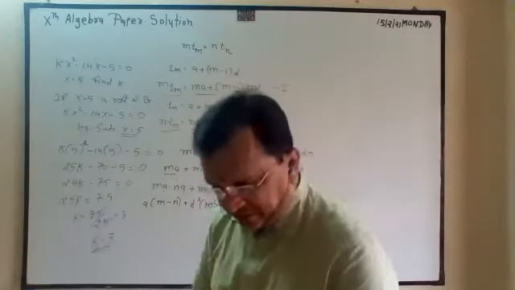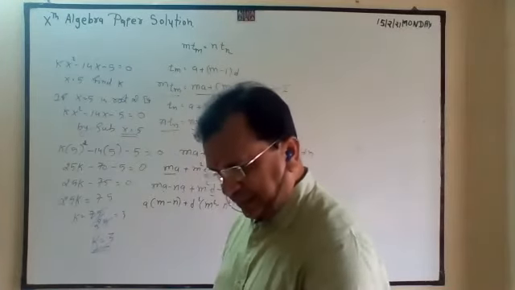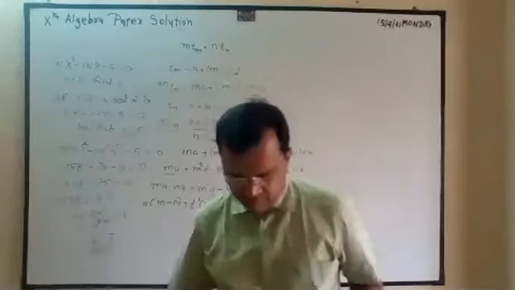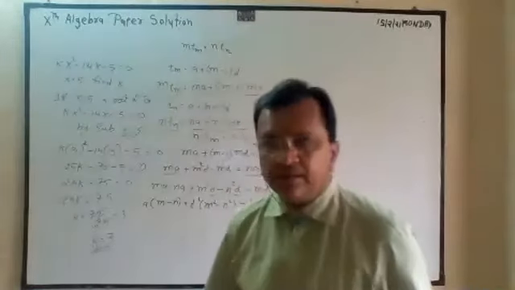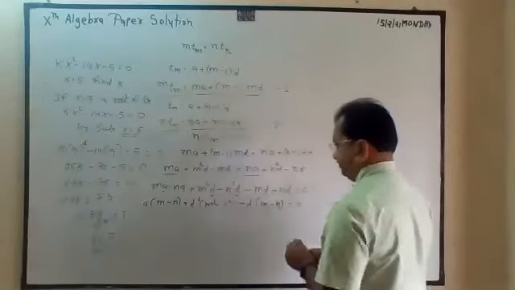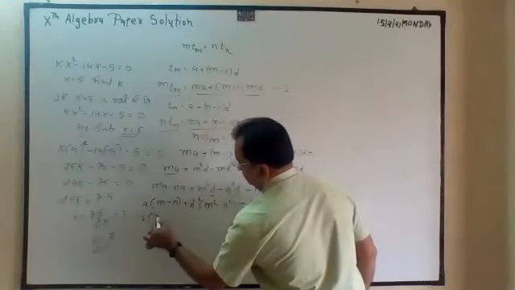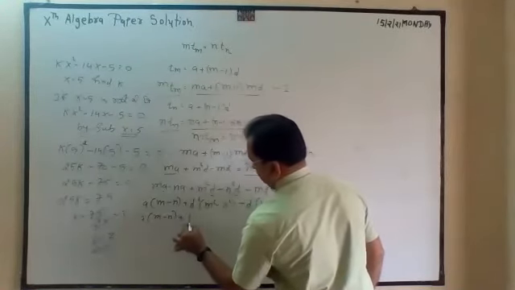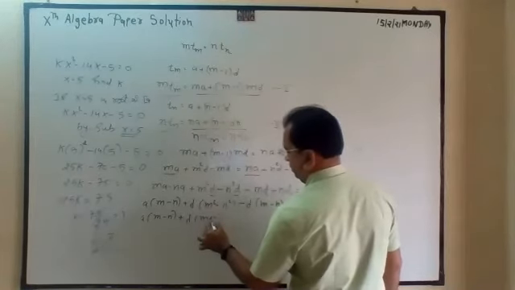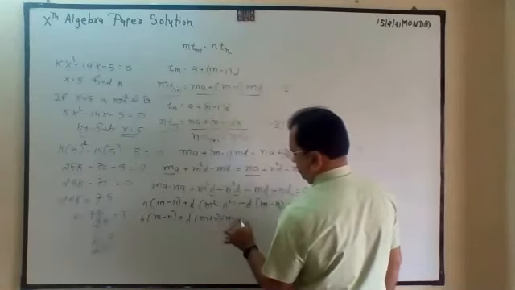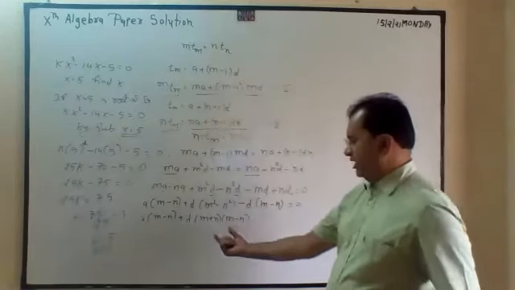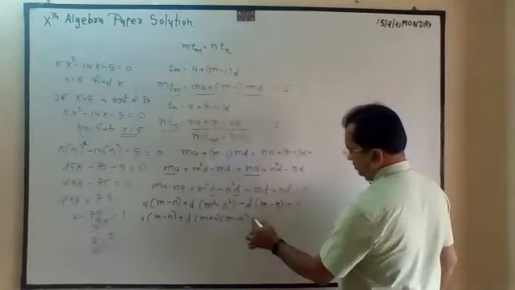Now we have learned that a square minus b square is equal to (a plus b)(a minus b). A square minus b square is equal to (a plus b)(a minus b).